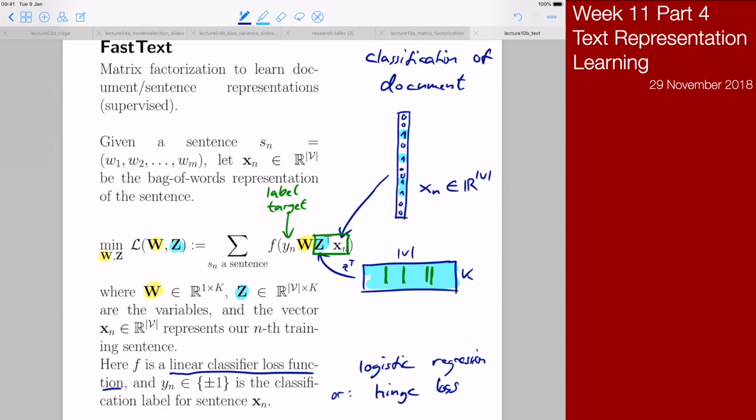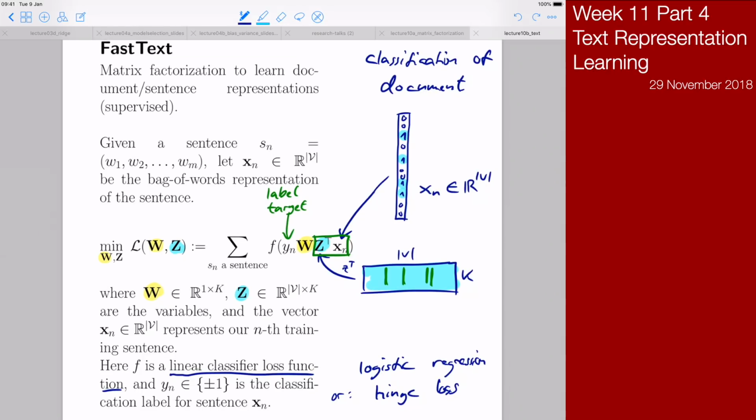And it's interesting because, again, this is a linear function depending on its input, but the input itself is actually not linear, right? Because two things get multiplied. So that's why this classifier is quite powerful. It's much more powerful than if you just feed the bag of words into a standard linear classifier. Because here we learn two things together. We learn the word vectors together, that's the blue stuff. And we learn the classifier itself, that's the yellow, the W. And learning two things together is always better than learning them separately.